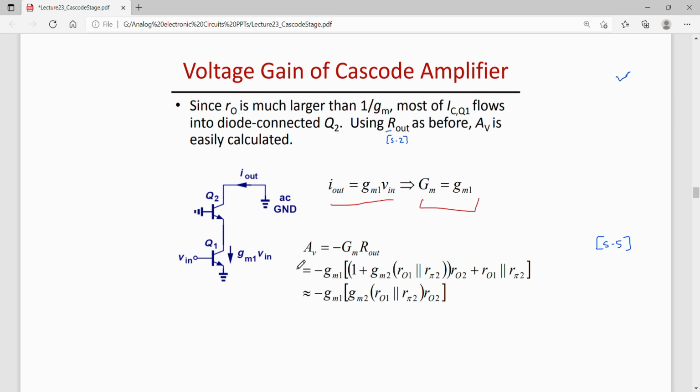And R out we had already calculated. So one can write AV as minus GM times R out, that is minus GM1 times R out. So one can find out the voltage gain of the cascode amplifier using this short circuit transconductance GM.